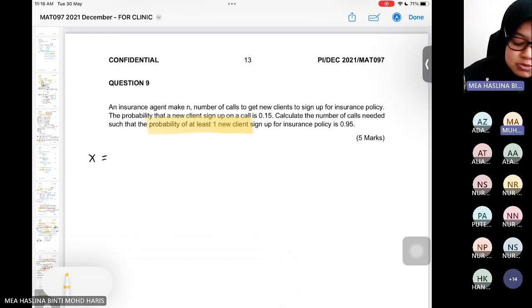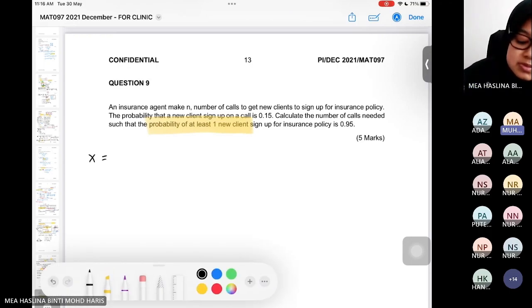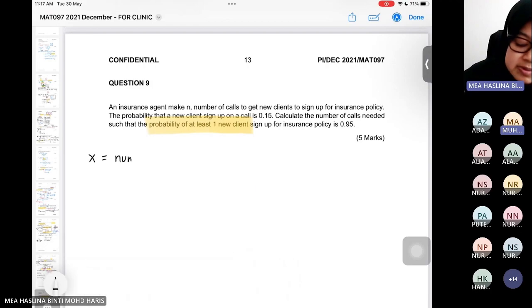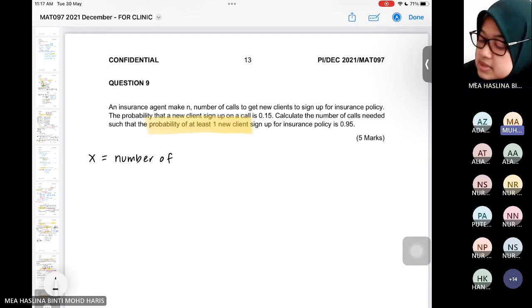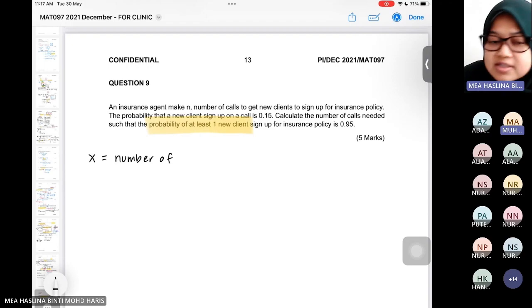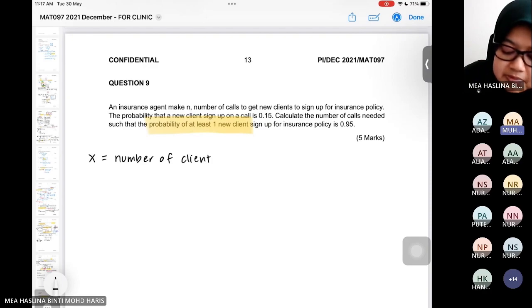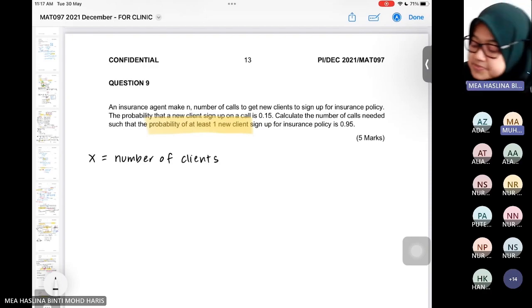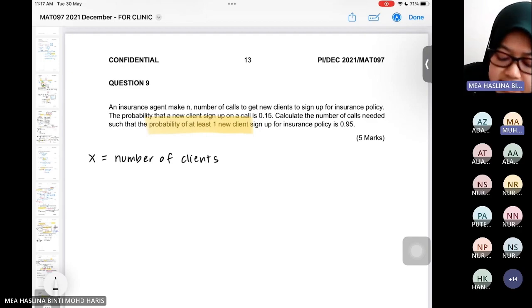So that's related to number of clients signing up.